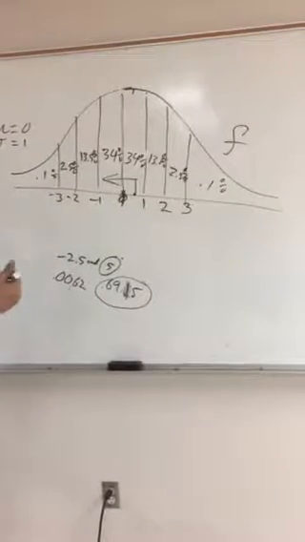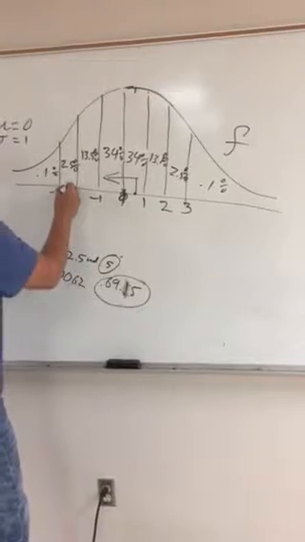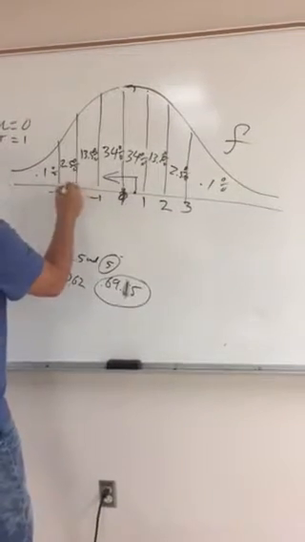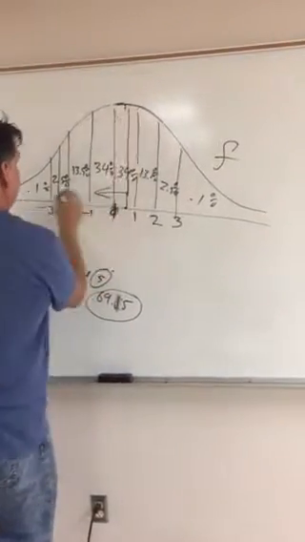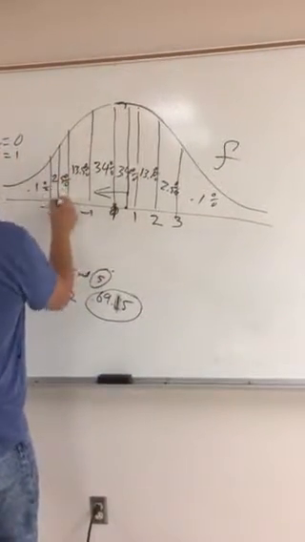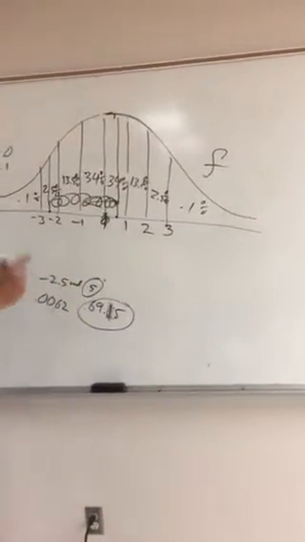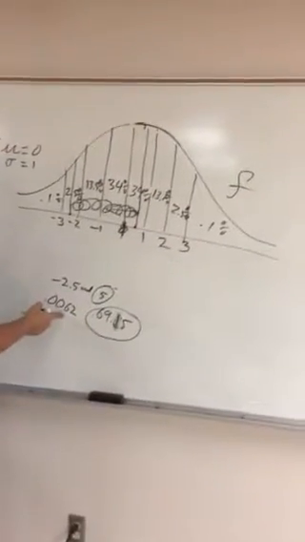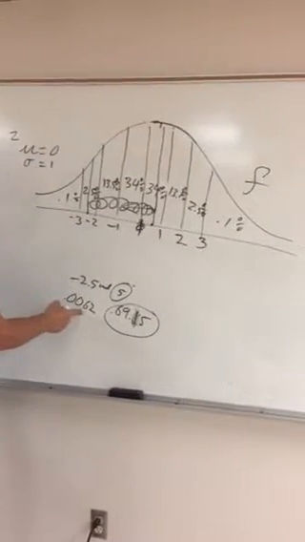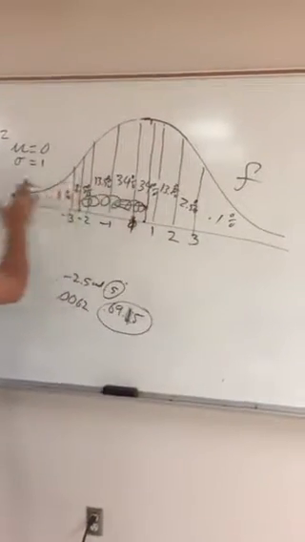So how I'm going to figure this out: I want to know the area between these two values here, all the stuff in here. How do I find that out? Well, I've got to get rid of this amount, because this takes in everything.